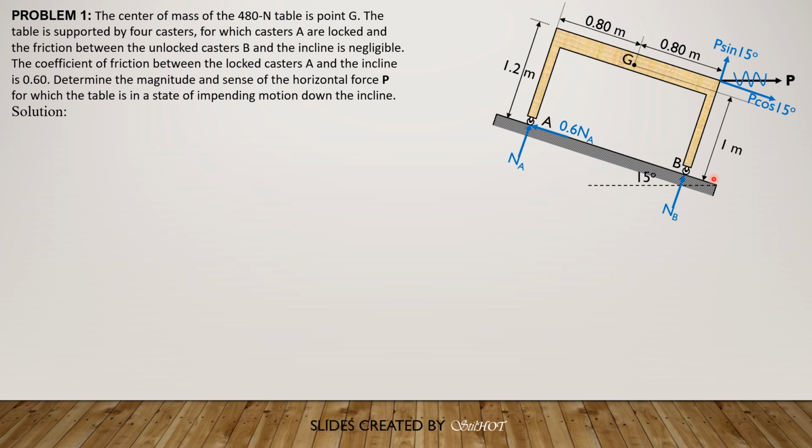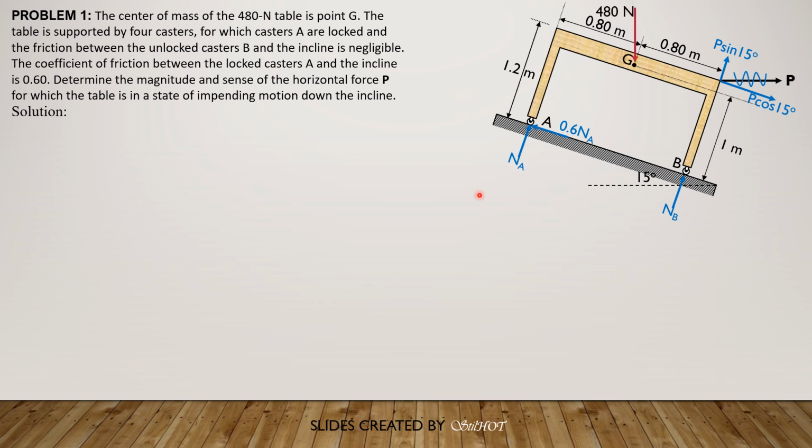So tipping is not a possibility for the table about B. It's only about A supposedly, if A would have been at the position of B. So in this case, no tipping will happen, and so we will only compute P based on summation of forces along the tangential or parallel to the inclined plane.